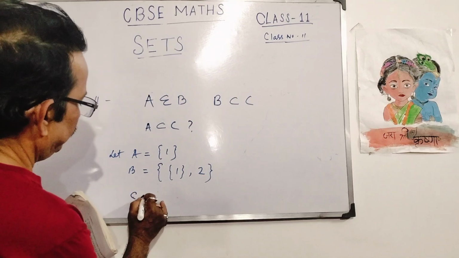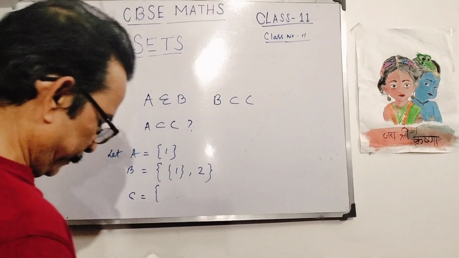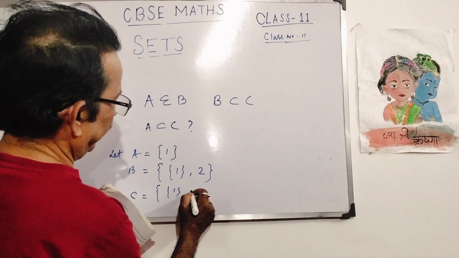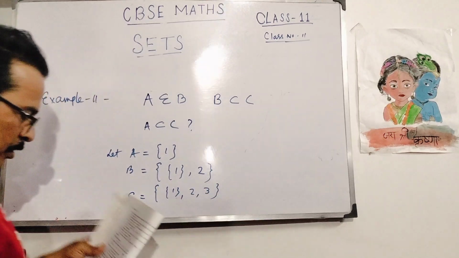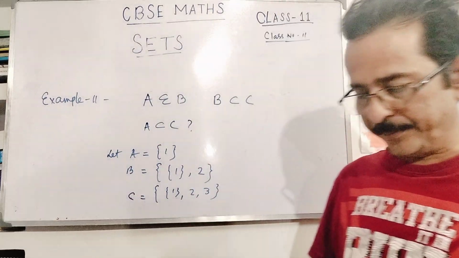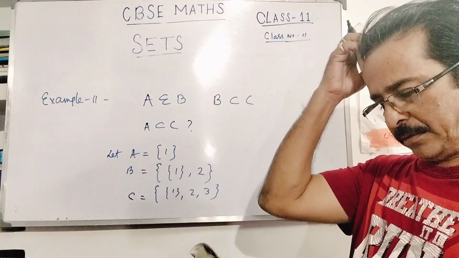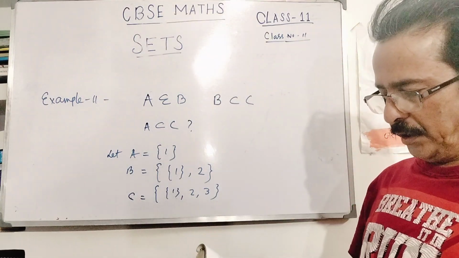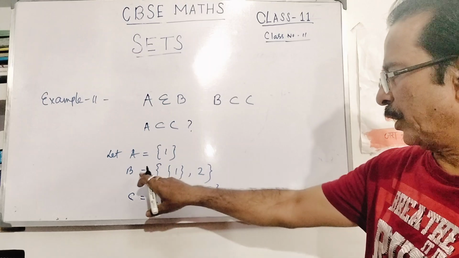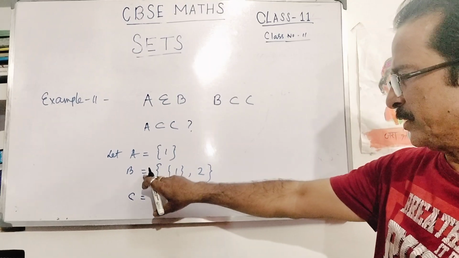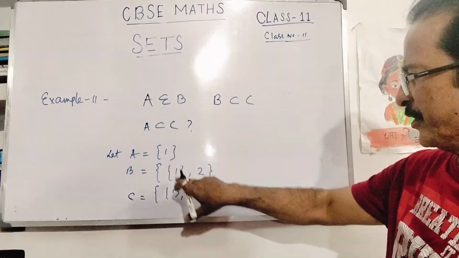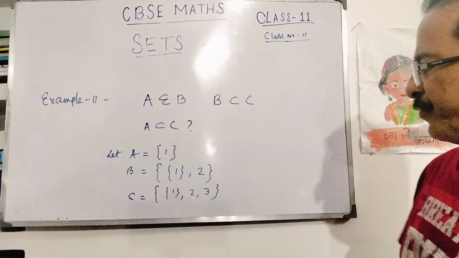Next, C is the set where B is a subset of C. So C contains A, that is 1, 2, and 3. So here B is the set whose elements are A, meaning 1, and 2.